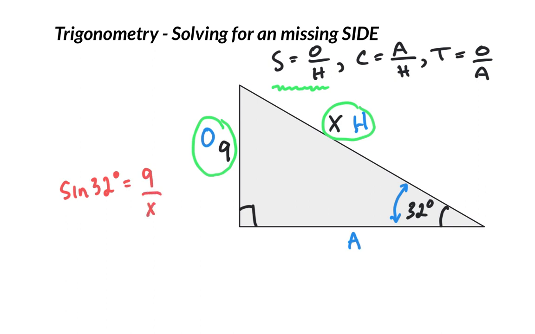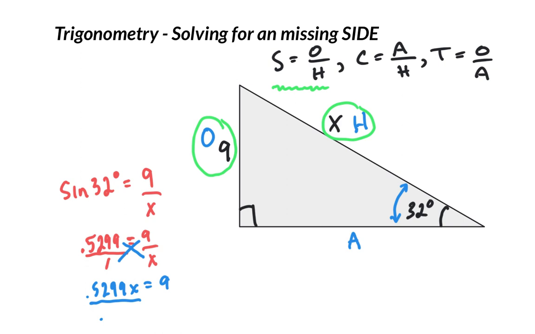I'm going to use my calculator to figure out the sine of 32. It is 0.5299, so just use your calculator to replace that. Put this over 1 so I can cross multiply, and we're going to do 0.5299x equals 9.